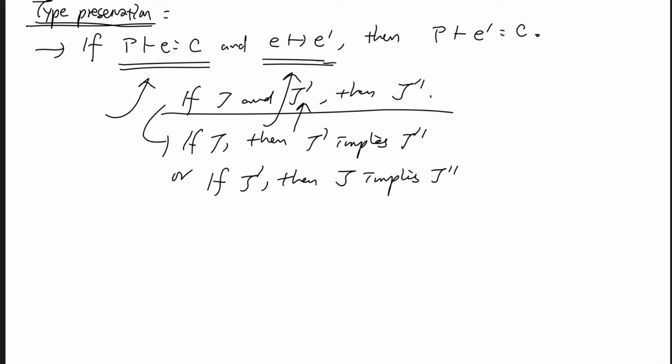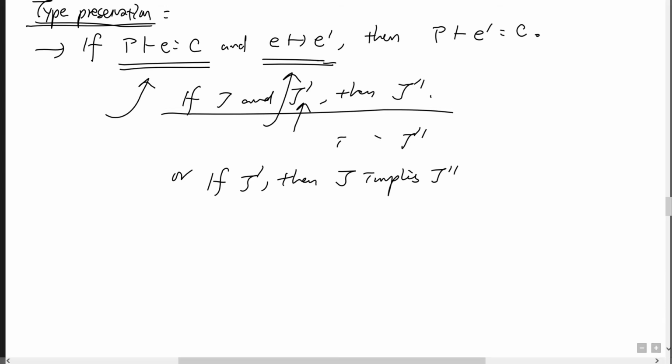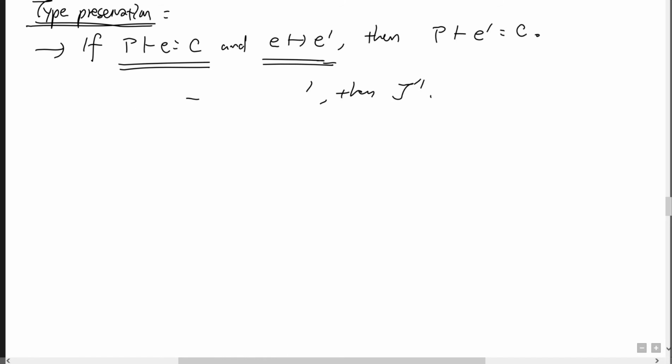So for this lecture, let's apply the rule induction to the reduction judgment. But remember that it's also okay to apply the rule induction to the other judgment, although we are going to apply rule induction to this judgment.